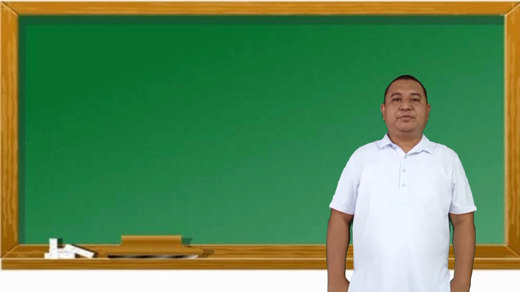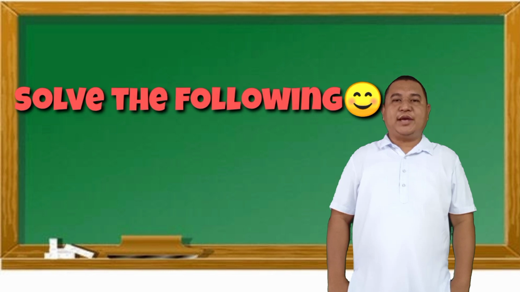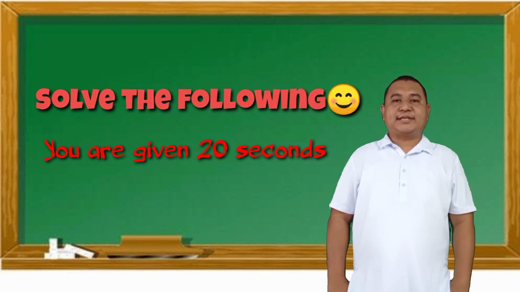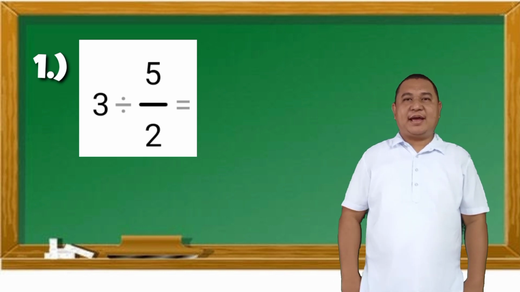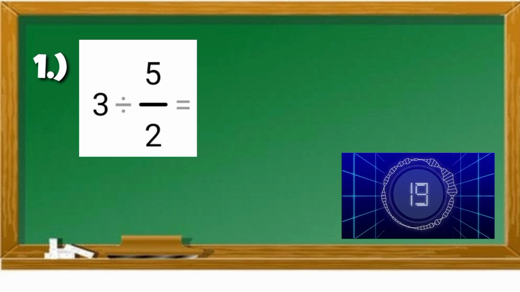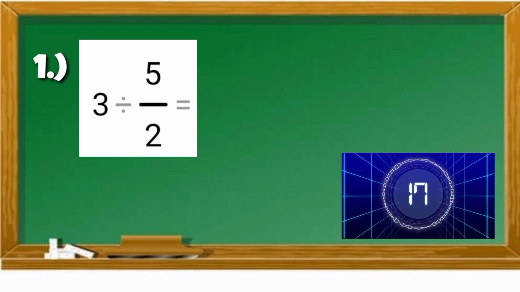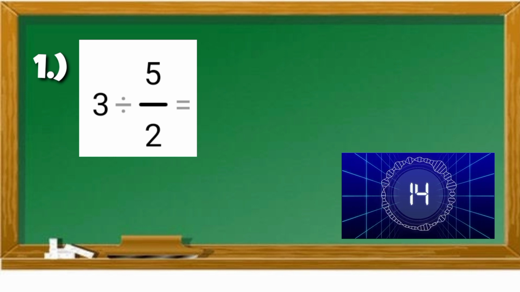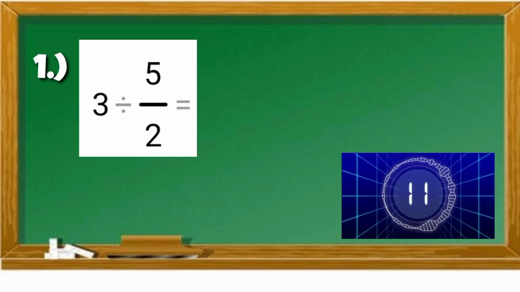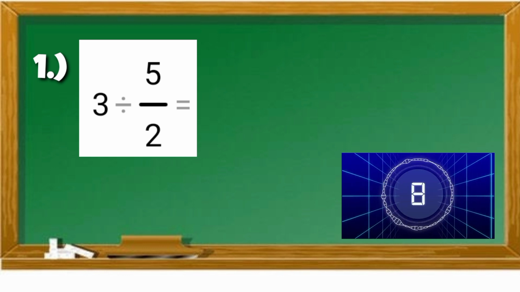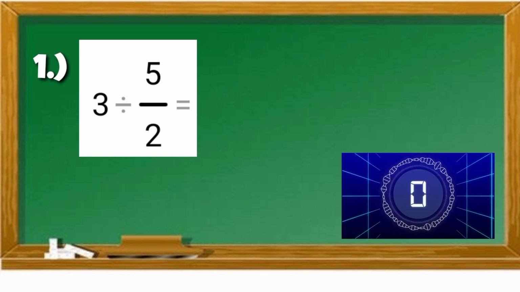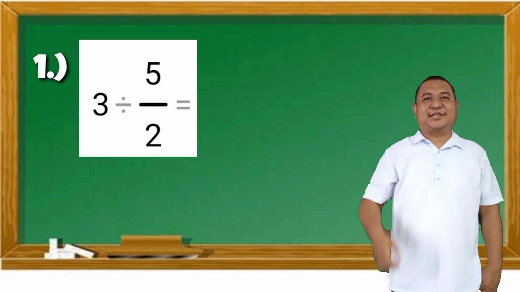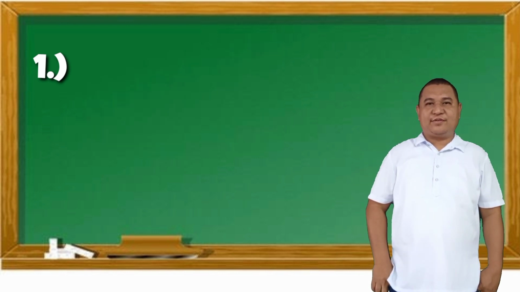This time, you have to do your best to solve the following equations. You are given 20 seconds to do it. Number 1, 3 divided by 5 halves. The answer is 1 and 1/5.